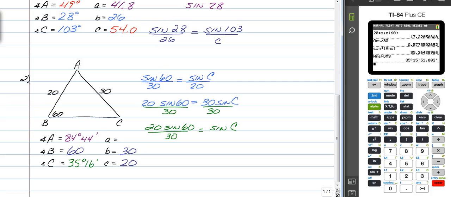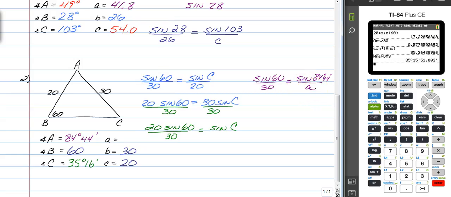Since we have angle A, our second equation would just be set up as the sine of 60 over 30 is equal to the sine of A, which is 84 degrees and 44 minutes, and then that's over little a.